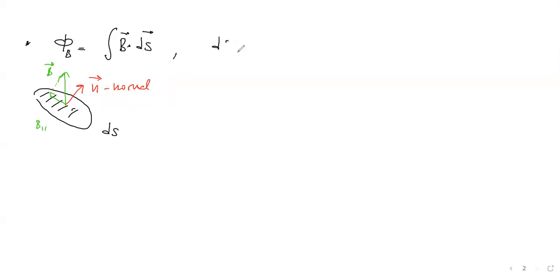So elementary flux, the same as we did for the electric field. The elementary flux would be B area and cos theta, where angle theta is the angle between the normal and the magnetic field. But B cos theta, this is a component perpendicular to the loop or parallel to the vector n. B perpendicular, area.